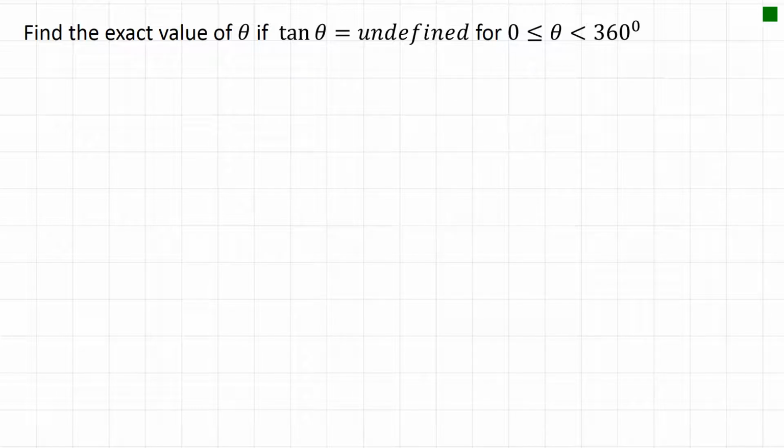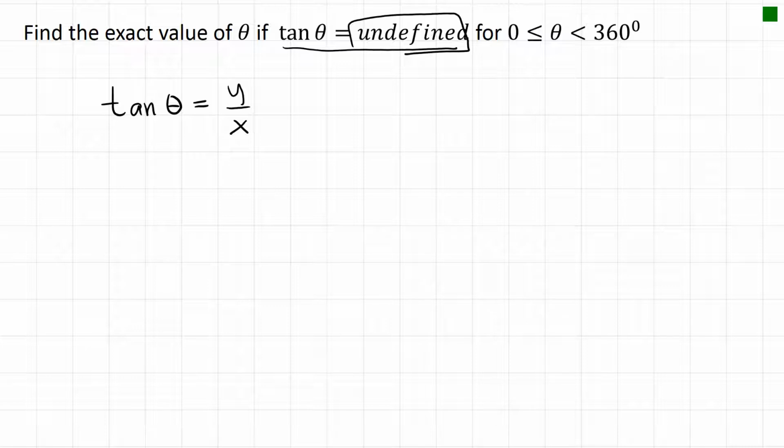So this one sometimes throws students for a loop because it's asking for the exact value when the tan is undefined. So let's try and figure out what that would mean, because the tan ratio is y over x. And so to get an undefined value, it means that we are trying to divide by 0.